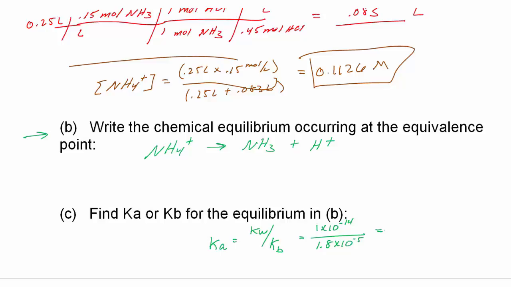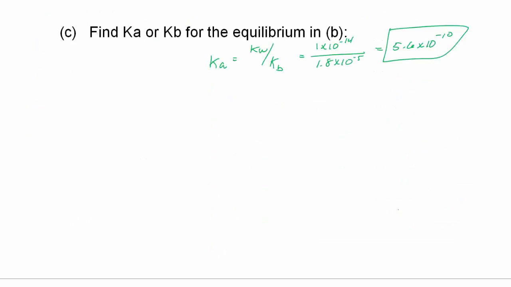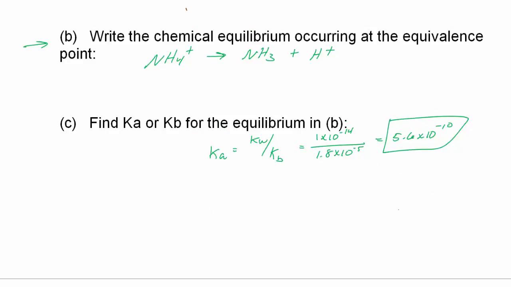About 5.5, 5.6 times 10 to the negative 10. And will this solution be acidic, basic, or neutral at the equivalence point? It'll be acidic because it's a conjugate acid at the equivalence point.